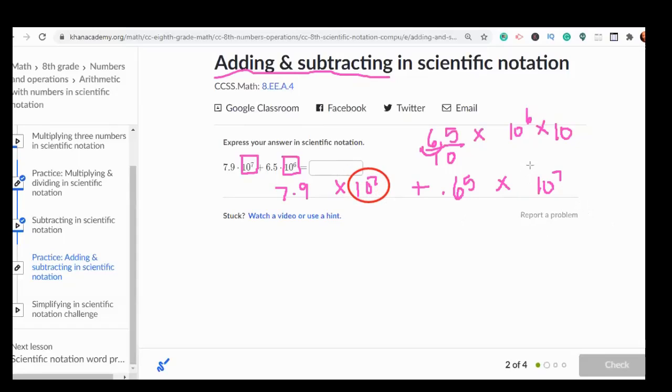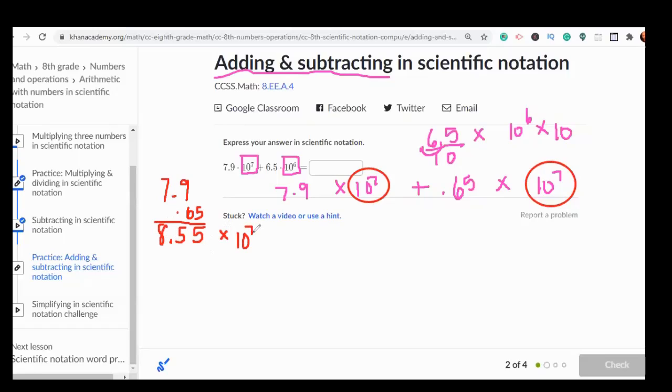How about that? So since my powers are now identical, all I'm doing is adding the 7.9 to the 0.65. And that is going to give us 8.55. And you just bring down your power 10 to the 7th.